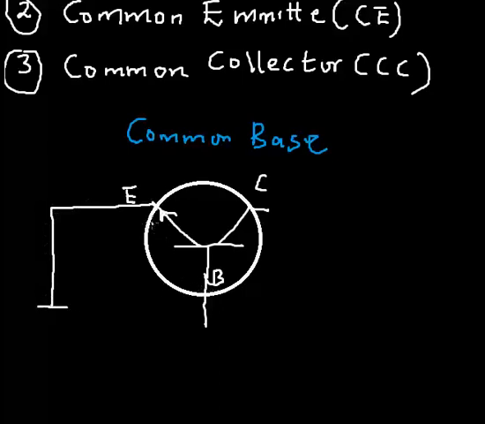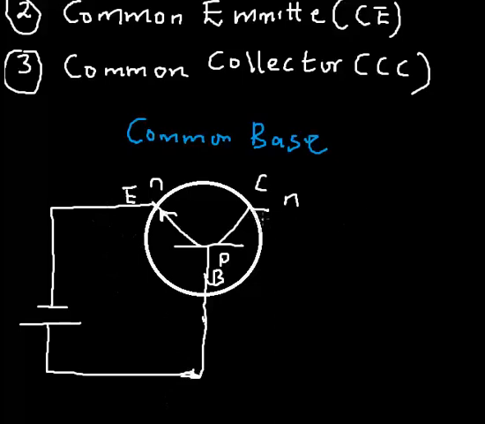Since I'm dealing with NPN, this is N, this is P, and this is N. The N is connected to the negative, and the P to the positive, so that is the appropriate bias, and the current flows.